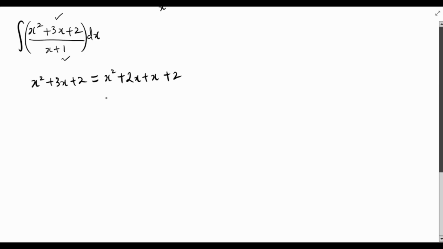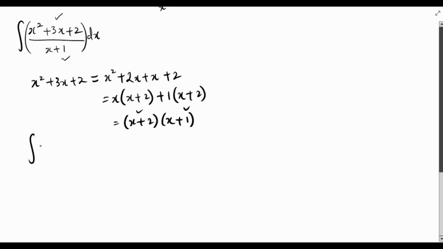I hope you remember this. x is common, x plus 2, plus 1 is common, x plus 2. Good. So we have x plus 2 common. We can pick one of them, x plus 2, and then we have x plus 1. This is our new numerator. So we have x squared plus 3x plus 2 divided by x plus 1 dx.